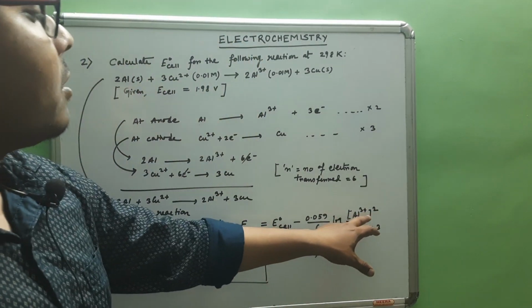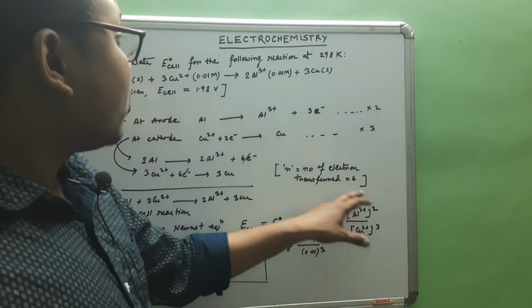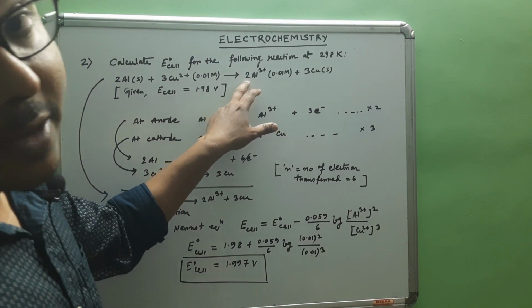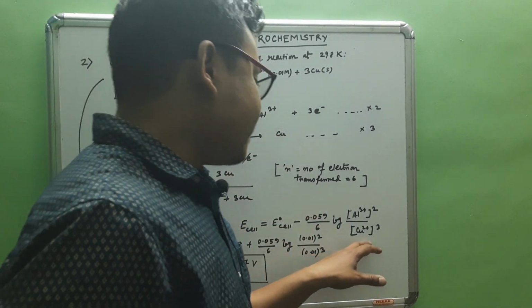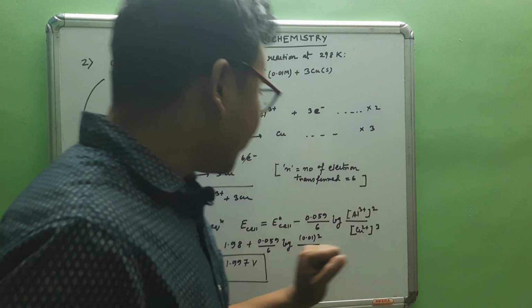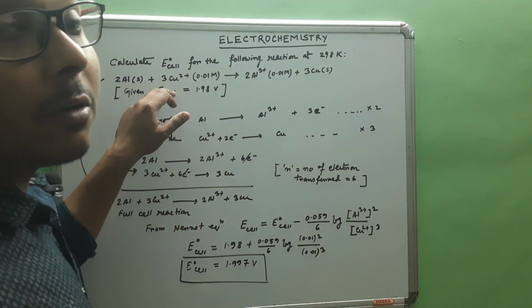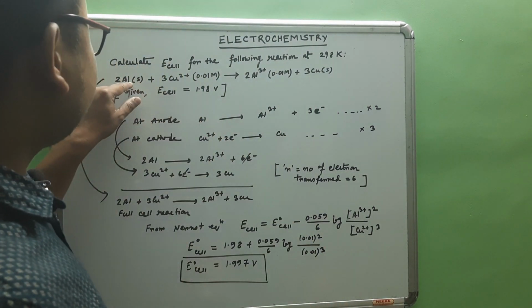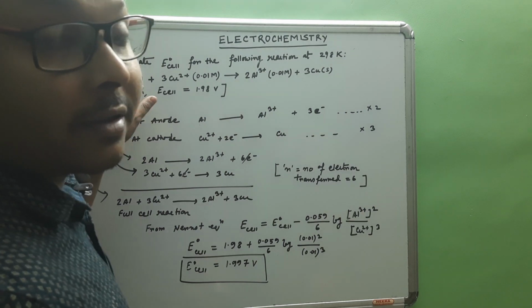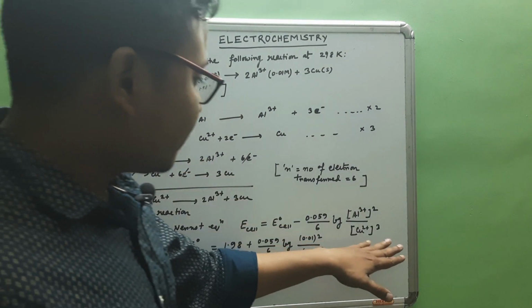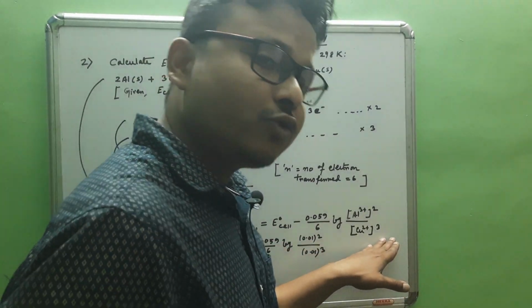We raise Cu double plus to the power 3 because its stoichiometry is 3. Aluminium on the reactant side is also solid, so it is omitted.